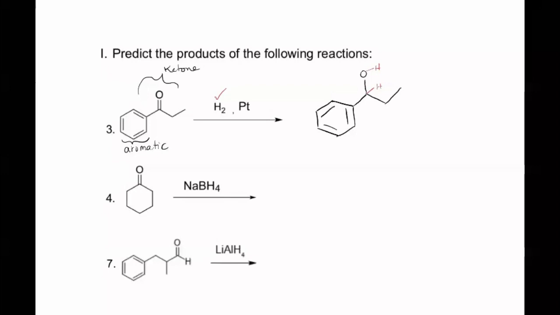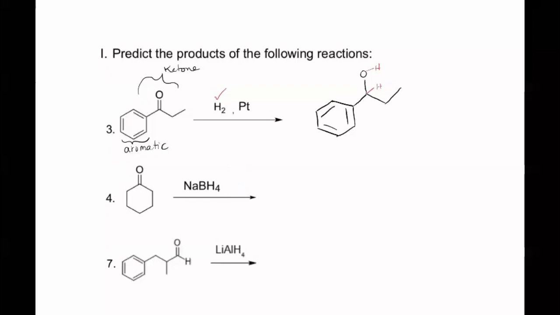Remember that hydrogenations are also known as reductions. Let's actually look at more formal reductions utilizing sodium borohydride or lithium aluminum hydride. If we have a ketone, like in reaction 4, remember that that changes to the secondary alcohol.